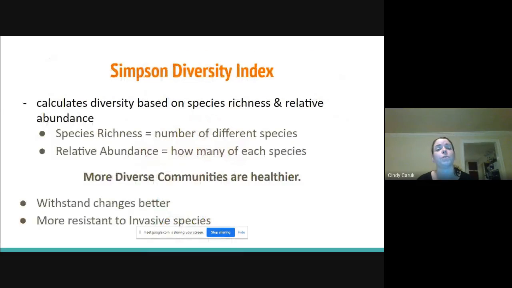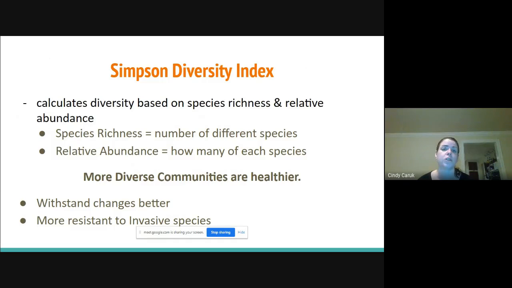We measure using that Simpson Diversity Index. So it's looking at that species richness, the number of different species, and then the relative abundance, how many of each species. And the more diverse the community, the healthier it is, because it can withstand changes better. If an organism goes on the decline in that community, there is something else that can take over that spot.